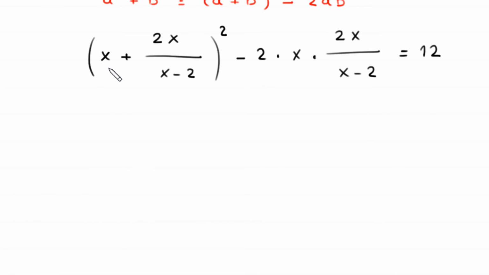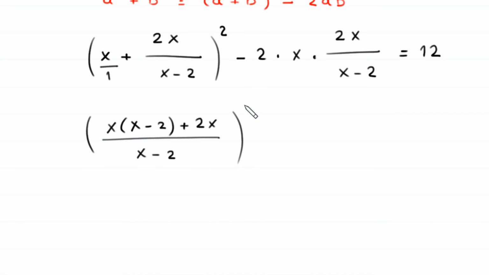Now we can write the denominator of this x as 1 and we take the LCM of 1 and x - 2. LCM of 1 and x - 2 is x - 2. So x - 2 times this x will become x times (x - 2) plus this 2x will come here, whole squared. This 2 times x times 2x will become negative 4x² divided by (x - 2) equal to 12.